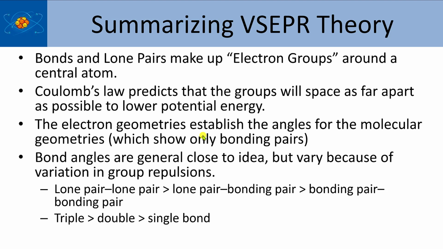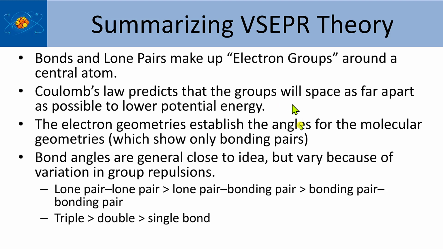Electron repulsion sets up the angles and the overall shape of a molecule, but when we're talking molecular shape, we ignore the lone pairs. Not that they're not important, but in terms of how the bonding looks in a molecule, for that part of the shape, we just look at the bonding pairs.